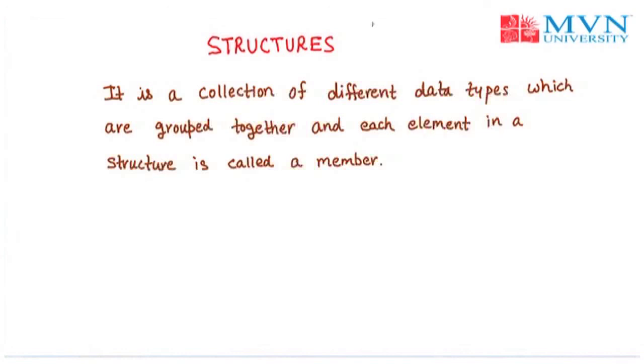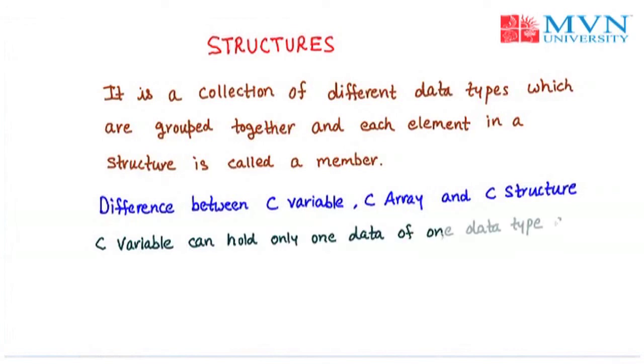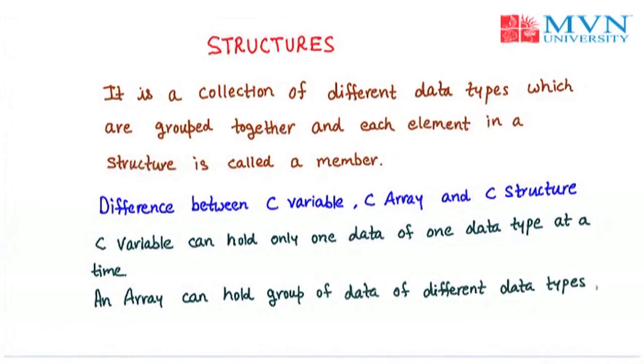Before discussing its syntax, let's first discuss the difference between a C variable, a C array and a C structure. A normal C variable can hold only one data of one data type at a time. An array can hold a group of data of the same data type.